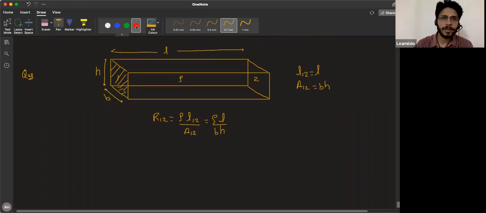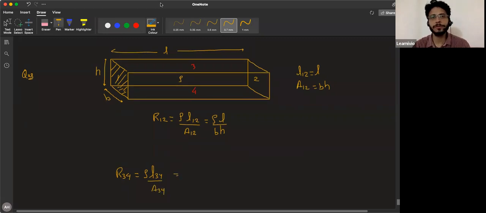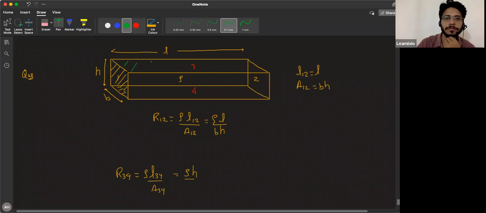If I take two more points, like point number 3 and point number 4, and ask you to calculate resistance between 3 and 4, it's rho L34 by A34. L34 is H. How much is A34, the area of this particular section?